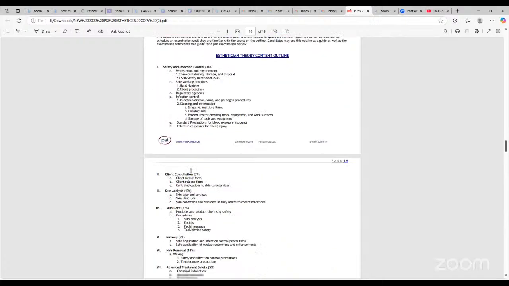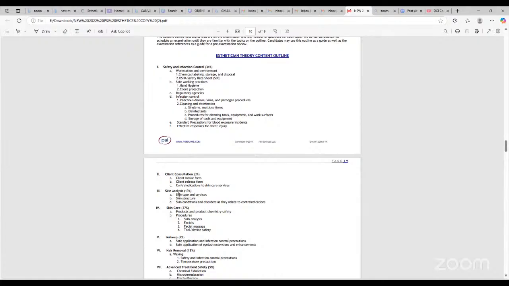Today, I want us to look at client consultation, 3%, and then skin analysis, 13%. So you can expect for skin analysis at least 13 questions. If you're dealing with 100 questions, 13%, 13 questions.